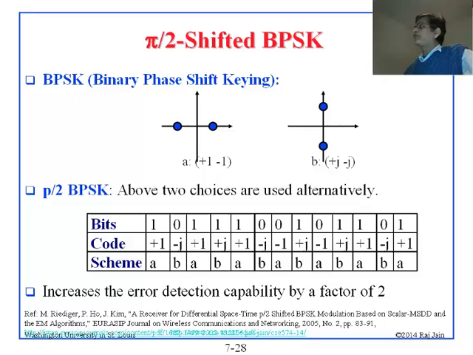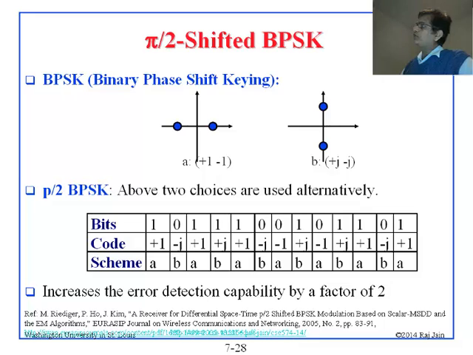So for the first bit you use this table, for the second bit you use this table, third bit you use this, fourth bit this. So you just do odd and even, odd and even. So here is the bit pattern, 1 0 1 1 1 0 0 1, right? For the first one we use this one, and I have used plus 1 as 1, and this is 0. So this is 1, this is 0. Alright? So 1 becomes, we use the scheme A, and it becomes plus 1.